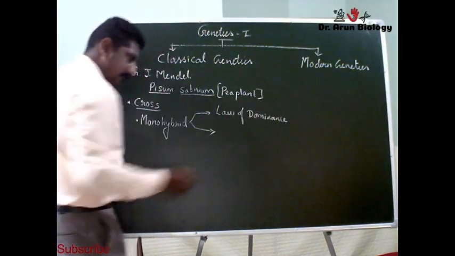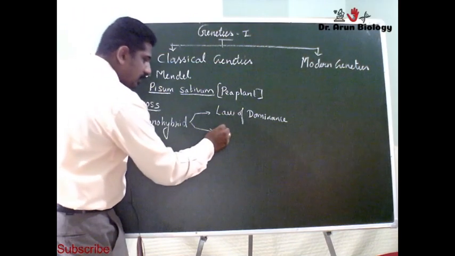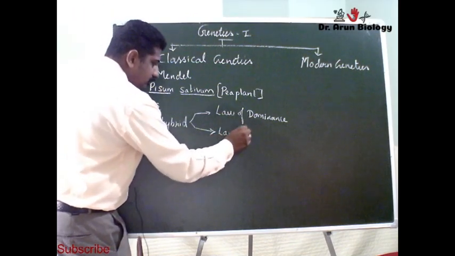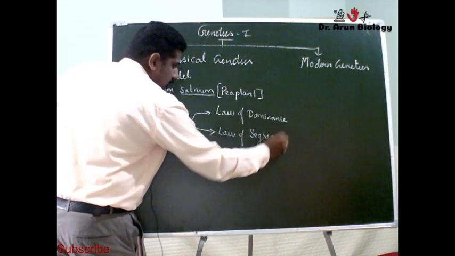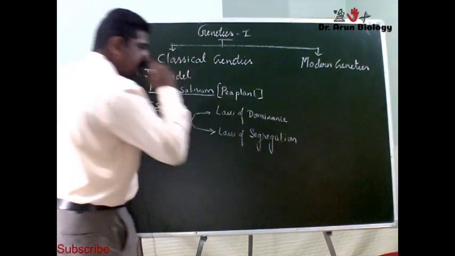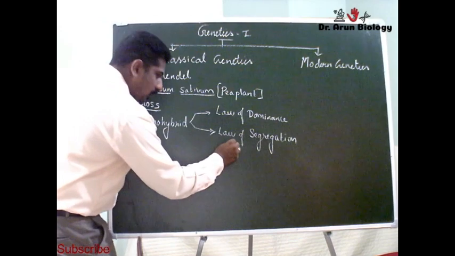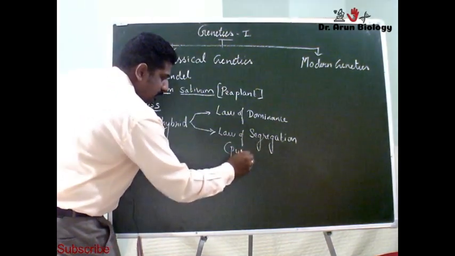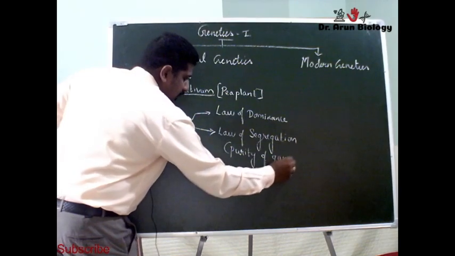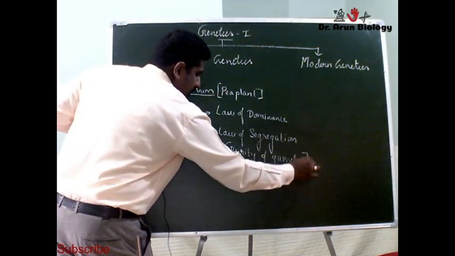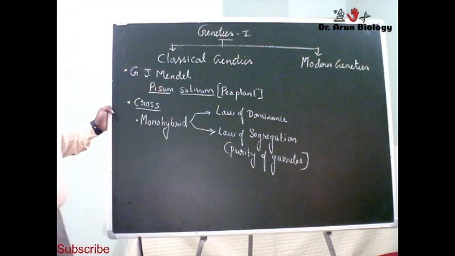About that it will be discussed. The second one is called the law of segregation. And there is another name for law of segregation, that is called law of purity of gametes.